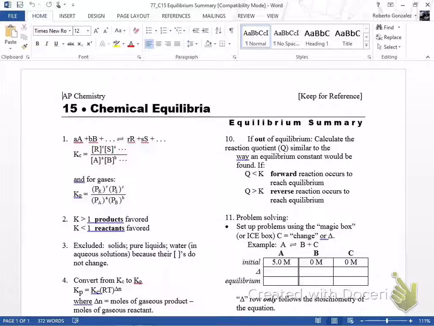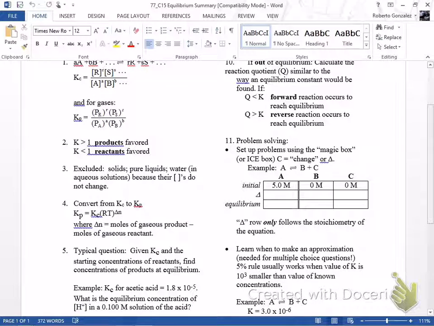Okay. At some point, we're going to be talking about not the concentrations of products, because you can't describe a gas as having a concentration. You can describe a gas as having a pressure, and so the expression works the same for pressure. You can see there is a summary of the K conclusions that we can make.